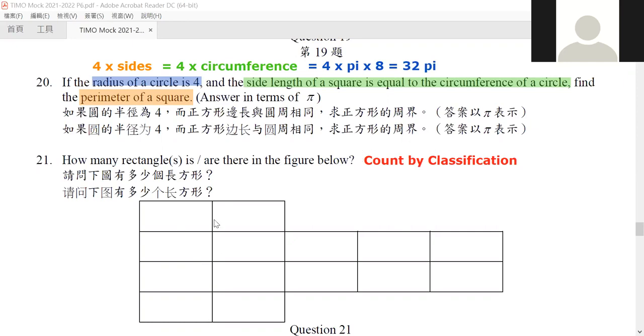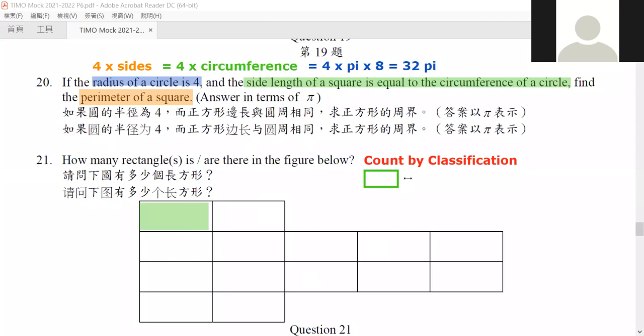We classify all these rectangles into different shapes. The basic one is just like this. How many of them are in here? So we count 1, 2, 3, 4, 5, 6, 7, 8, 9, 10, 11, 12, 13, 14.